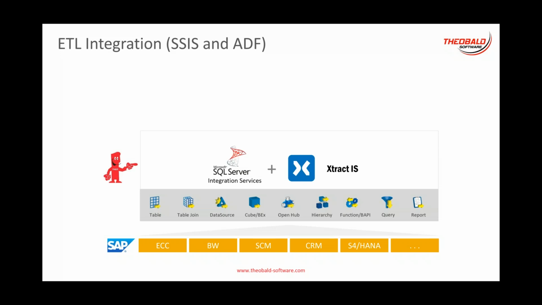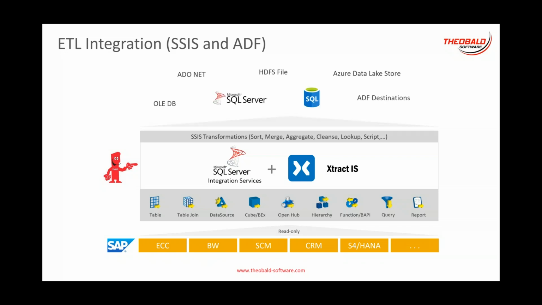But compared to Extract Universal, which is a standalone tool that runs on standard Windows hardware and software, Extract-IS is built for SQL Server Integration Services. It requires SSIS. Think of it as a series of plugins. Each one of these connectors is a data source plugin into SSIS, providing SAP data extraction capabilities directly within the SSIS environment.